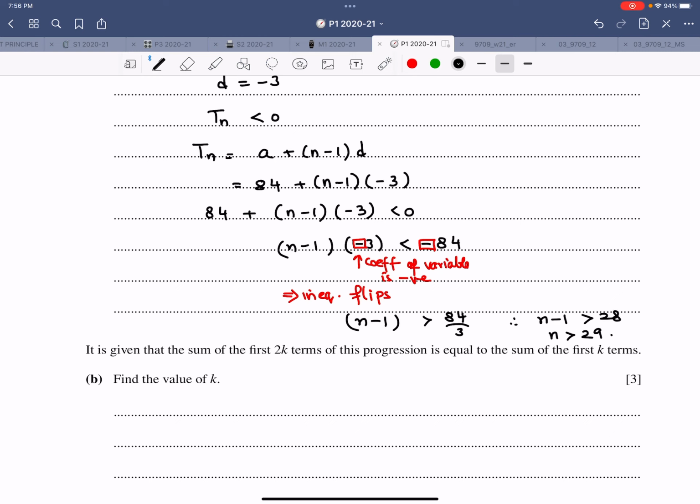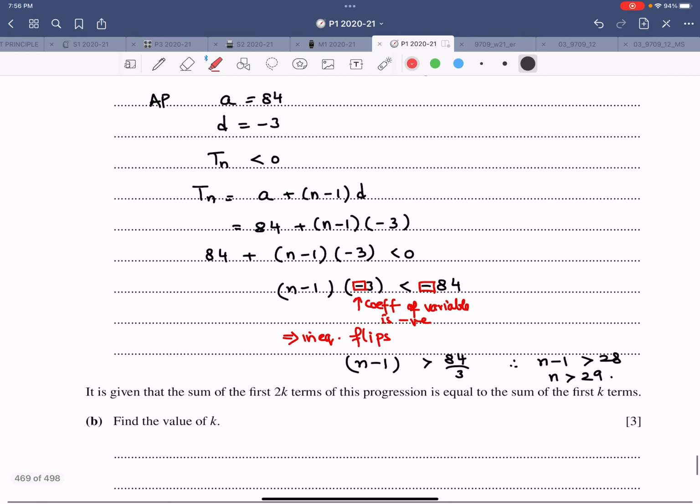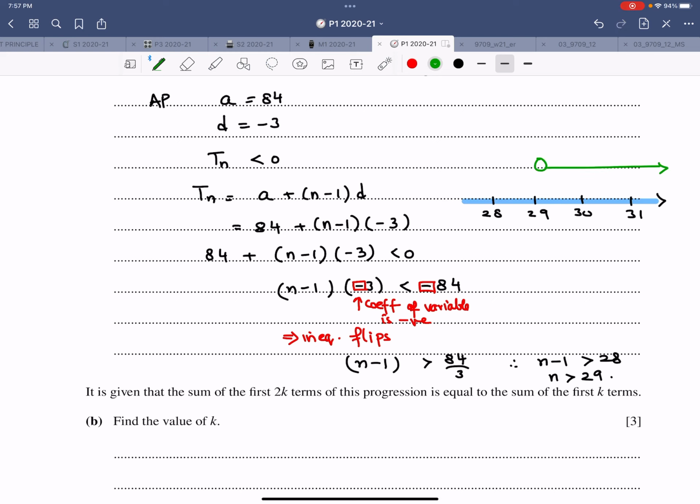Draw a small number line. So just a small number line. This is 28. This is 29. This is 30, this is 31, just to give you an idea. Greater than 29 does not include 29. What is the next integer? 30, and then 31, and then 32, all the way till infinity.